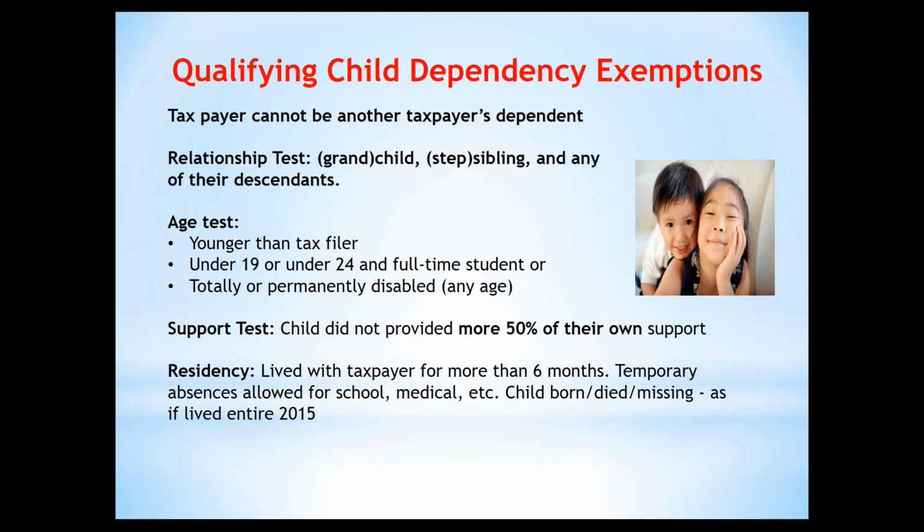If that's a person that the taxpayer is providing all this support for, then they can still be counted as a qualifying child. The software will just ask you to put in the name, age, and social security information of each child. It'll ask if the child is disabled, and it will help calculate this for you.